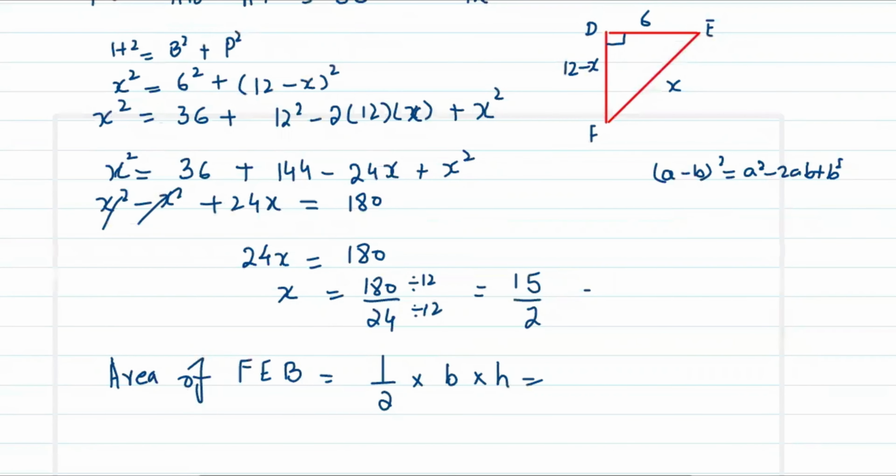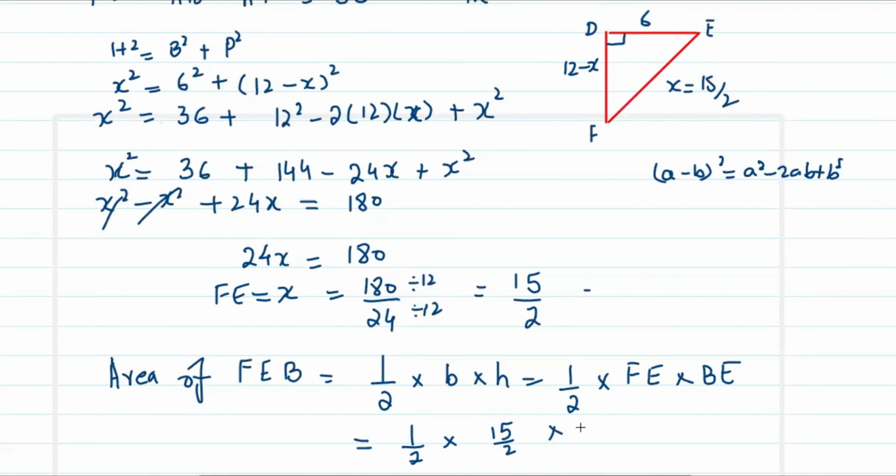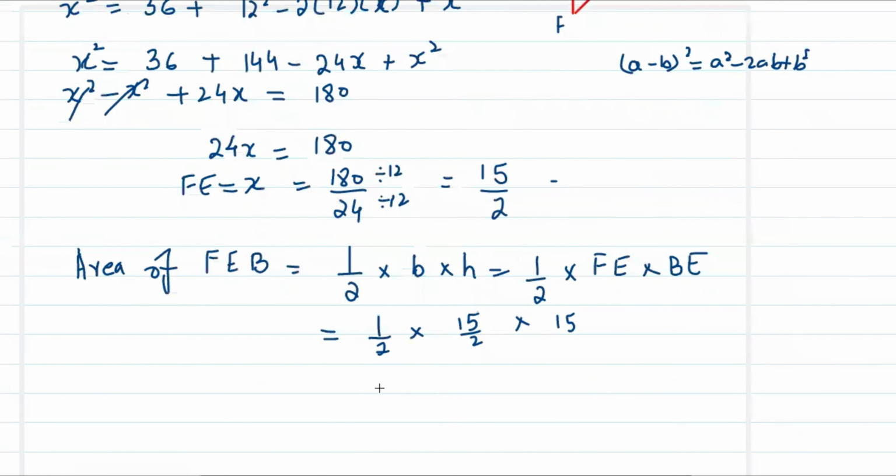Now the length of FE, you see here, is X, and that X equals 15 over 2. We write 1 over 2 multiplied by 15 over 2, this is the FE length. Now BE length is equal to 15. Now the value becomes 225 over 4. We can write it as 56 and 1 over 4, and this is the area of the green triangle.